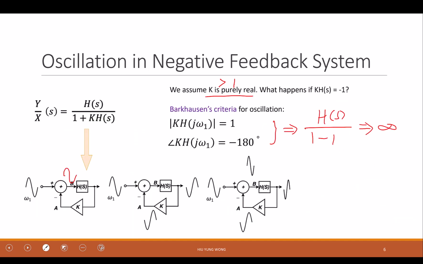And we said that we care about this because if we assume that we have a feedback system, and we assume the K is real, which is possible because we have so many examples where the K was constructed by using a resistor divider, right? Voltage divider, or just simply one resistor. So it has very high bandwidth, right? So purely resistive. So in this case, the pole of this KH is determined by H itself, right?